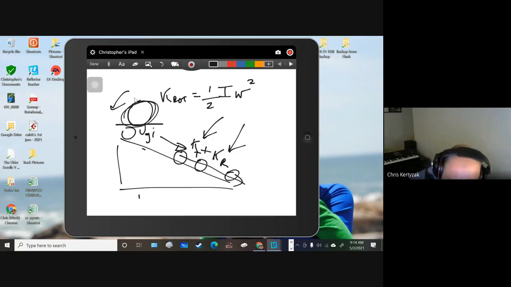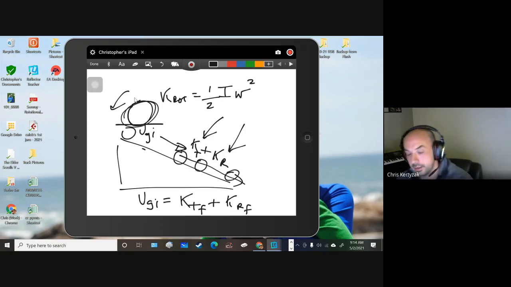So at the very bottom of it, you'd say the initial potential energy at the top of the ramp is equal to the translational kinetic energy at the bottom plus the rotational at the bottom, right? Knowing that it's always going to be less speed at the bottom than something like a block that just slides down the same ramp with no friction. And that's the reason, because for the block, it gets to take all of its original potential energy and turn it into translational energy, which is why it will get to the bottom first, of greater speed.